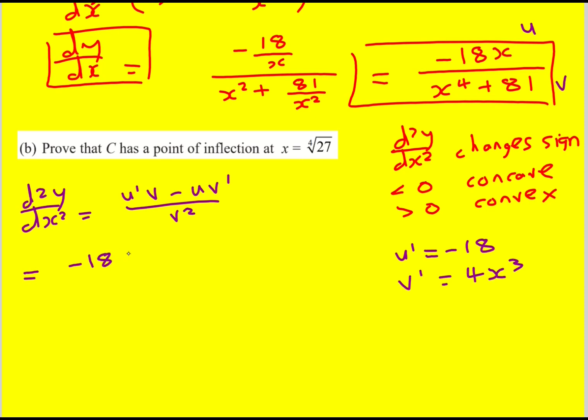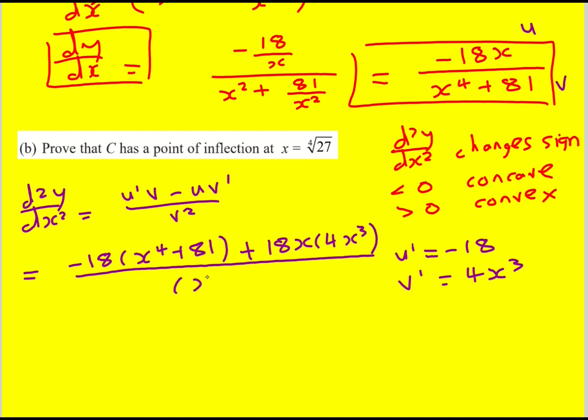So minus 18 times x to the 4 plus 81 minus 18x. So actually that's going to become a positive times 4x cubed all over x to the 4 plus 81 squared.